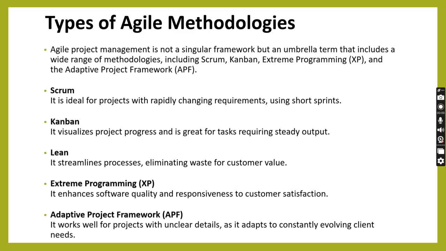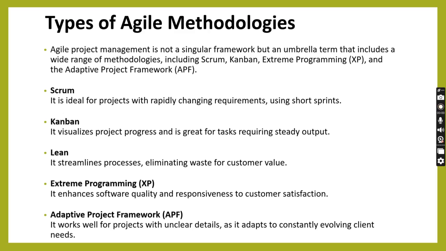Agile project management is not a singular framework but an umbrella term that includes a wide range of methodologies, including Scrum. It is ideal for projects with rapidly changing requirements, using short sprints. Kanban visualizes project progress and is great for tasks requiring steady output.